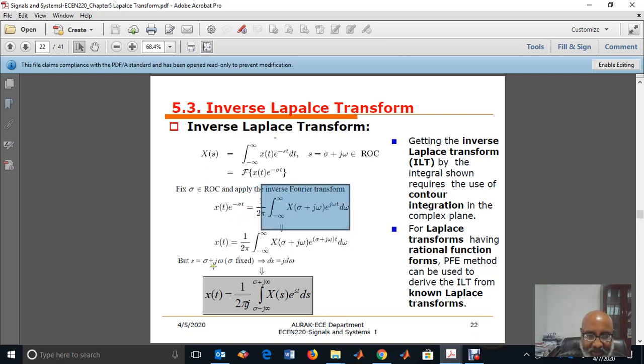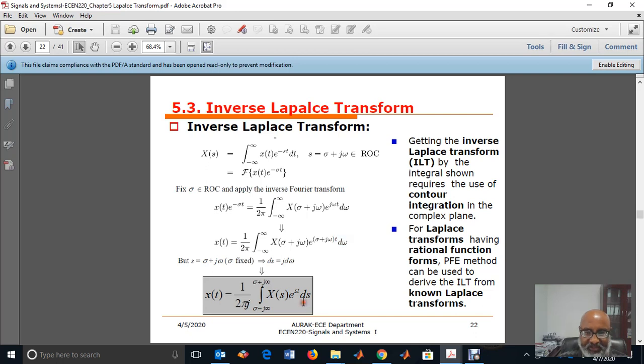If we say s is equal to sigma plus j omega, and substitute d omega with ds over j, then the inverse transform formula will be this one: x of t is 1 over 2 pi j integral from sigma minus j infinity to sigma plus j infinity of X of s e raised to st ds.